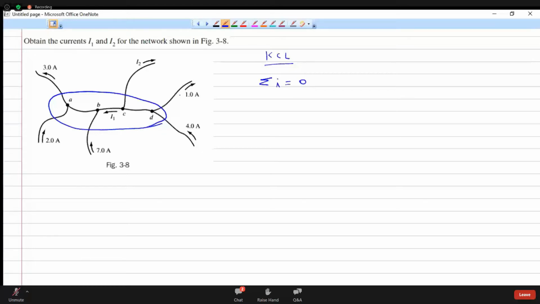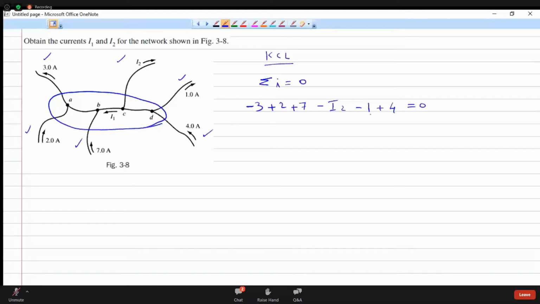Let us start with this one. 3 ampere is leaving, so we write minus 3. 2 ampere is entering, so plus 2. 7 ampere is entering, so plus 7. I2 is flowing out, so minus I2. 1 ampere is flowing out, so minus 1. The last 4 ampere is entering, so plus 4. This should be equal to 0.